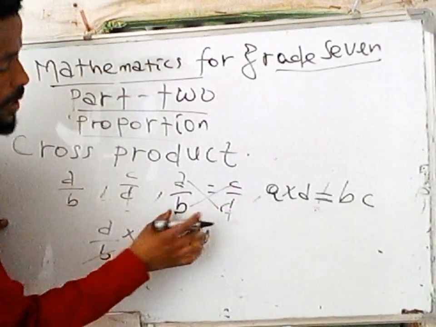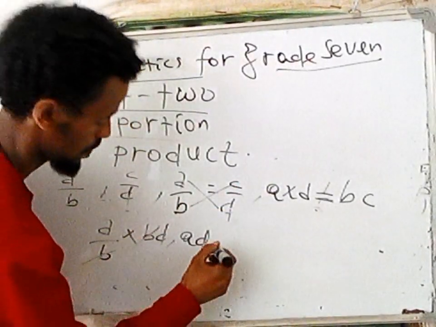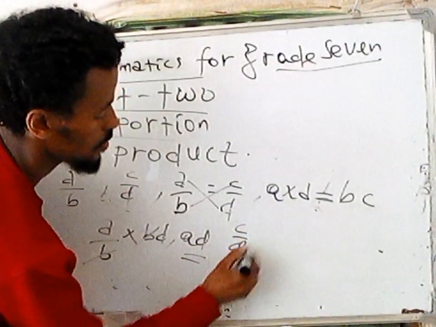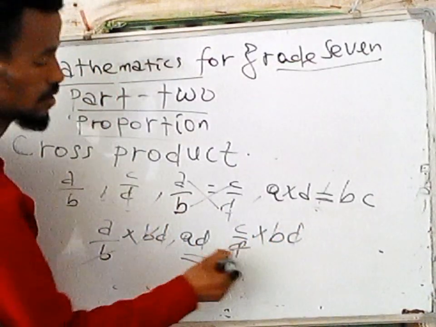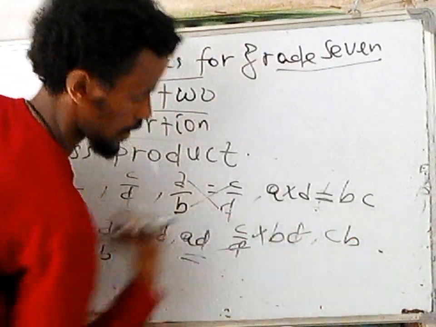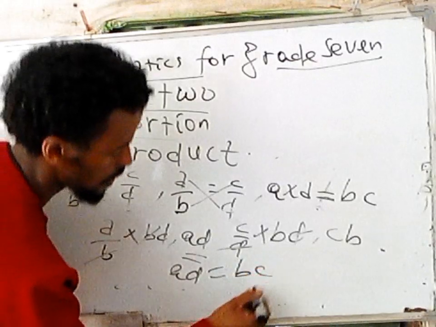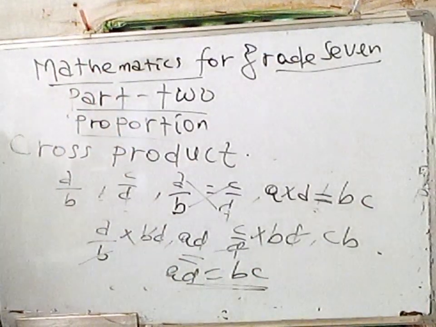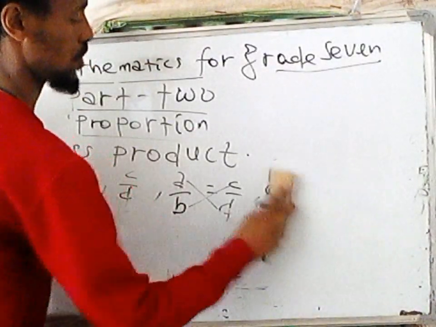Then c over d, we multiply by the product of the denominators, bd. d cancelled by d, and what's left? cb, or bc. So if ad is equal to bc, the two ratios are proportional. Good. This is about proportion.